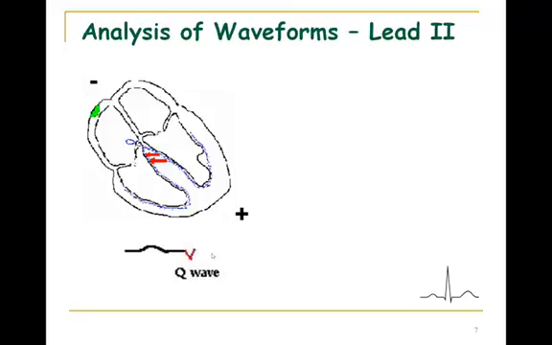What you'll notice is the Q wave is fairly small because it doesn't represent a lot of muscle mass, and the vector is tending to run a little bit more perpendicular. Here's the axis, here's the lead axis, it's running more perpendicular. So if you were in lab and you didn't see a Q wave, it doesn't mean your septum did not depolarize. Most likely your vector, your average current flow in the septum, is running perpendicular to the lead axis.